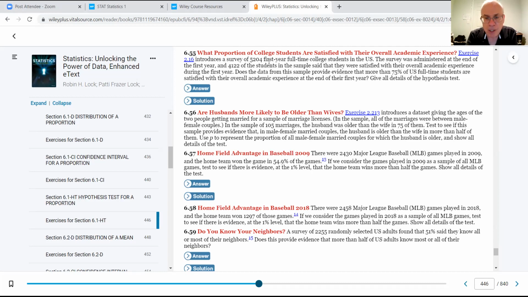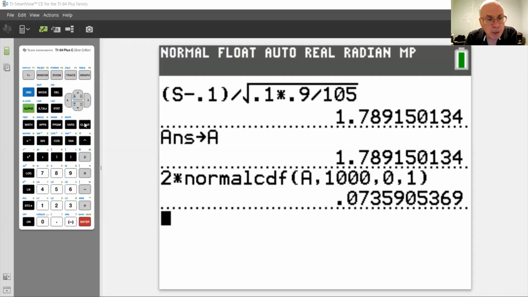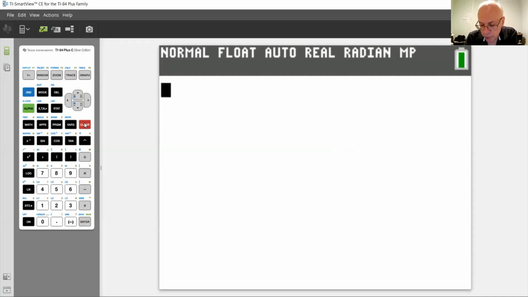All right, so we need to do our calculations first, to make sure we can do the test. So let's go back to our calculator, clear out the screen, and let's do n times p. So n is going to be 5204, and p is 0.75.